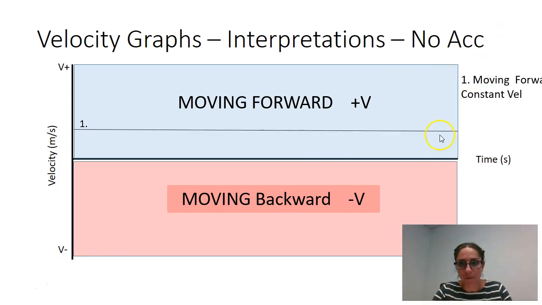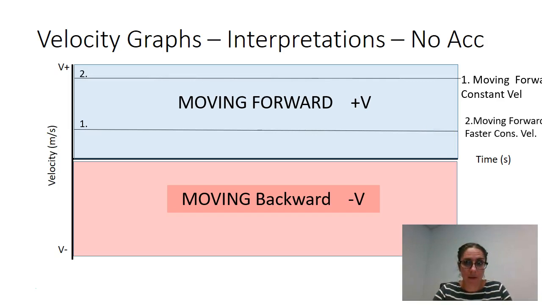So notice that number 1 here is constant velocity moving forward. But this one is constant velocity moving faster, right? Because number 1, this number is going to be less than number 2 right here. So this is actually moving much faster than this. This is moving pretty fast in the negative direction.